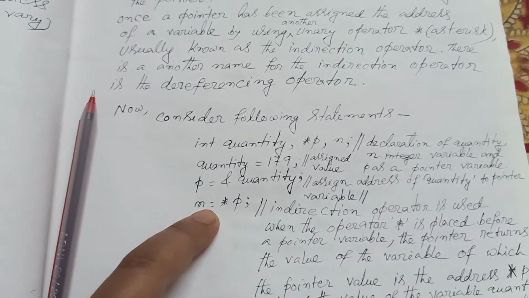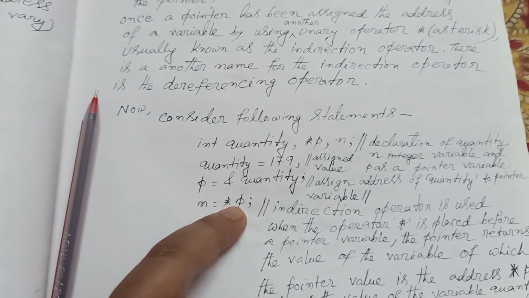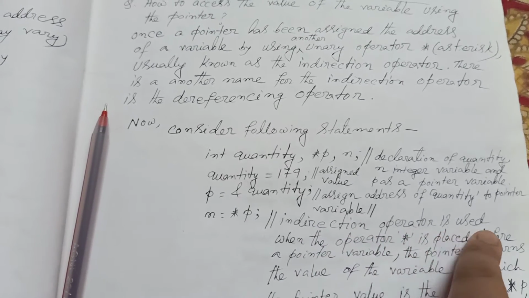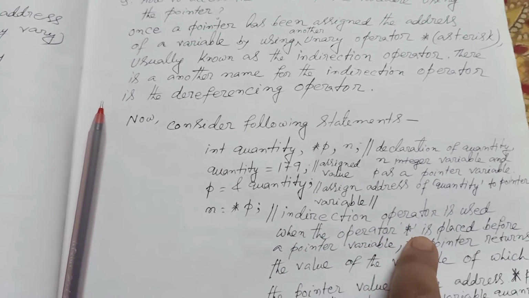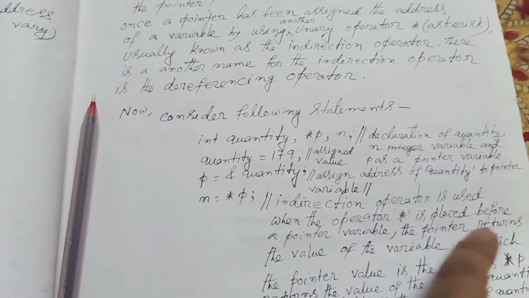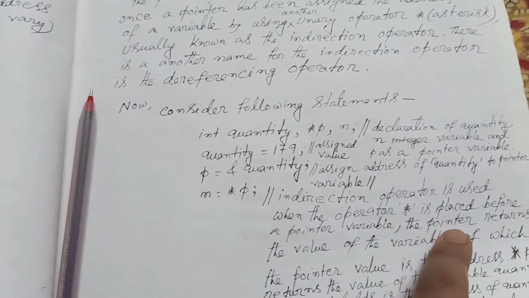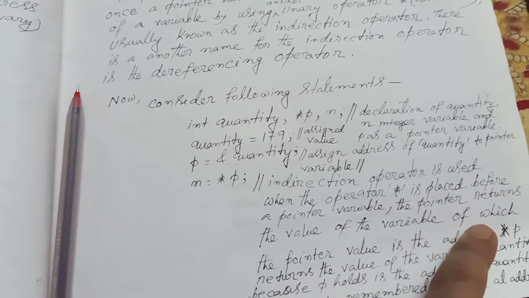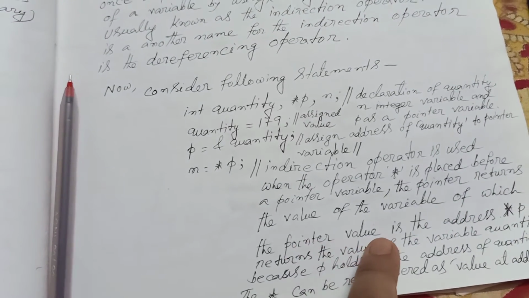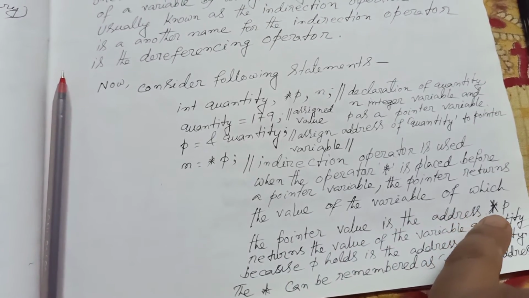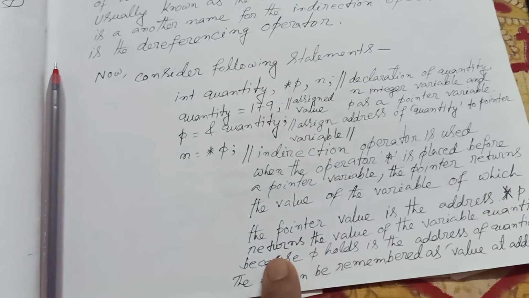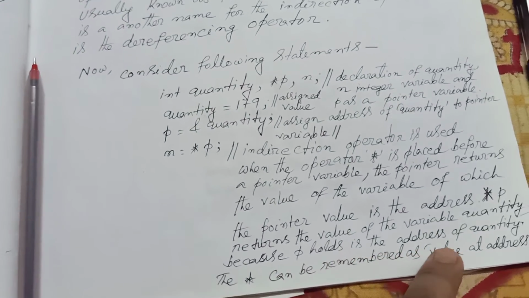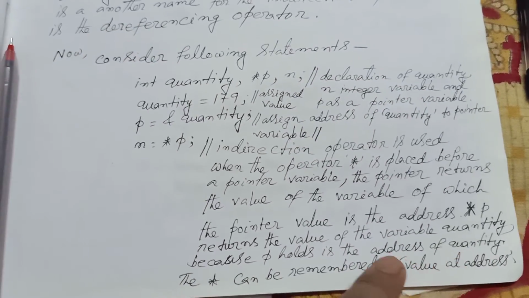Now n equal to asterisk p. Here we are using the indirection operator, used when the asterisk is placed before a pointer variable. The pointer returns the value of the variable whose address the pointer holds. The pointer p returns the value of the variable quantity because p holds the address of quantity.